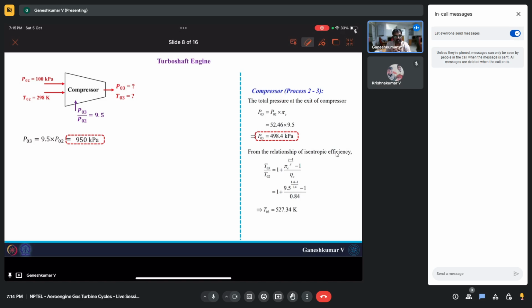It has an efficiency, right? Isentropic efficiency is there, and the isentropic efficiency directly deals with the second law of thermodynamics. And also we know that not all the temperature ratios are the same, right?